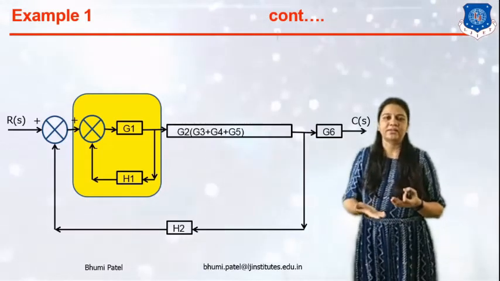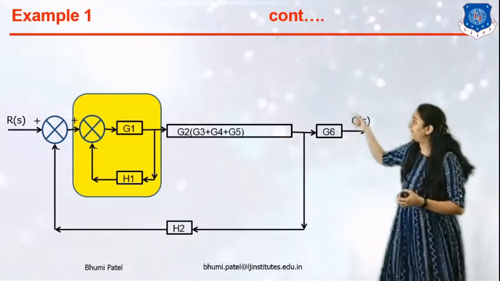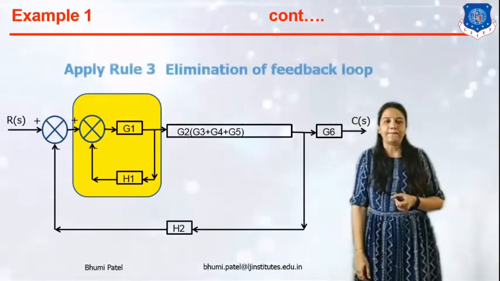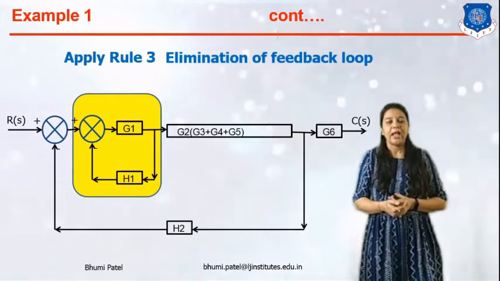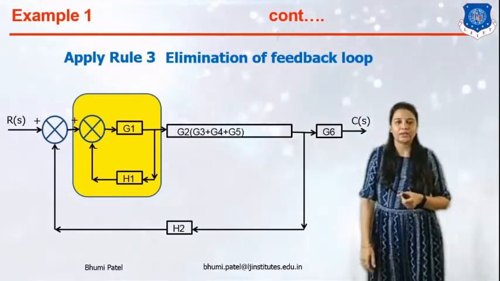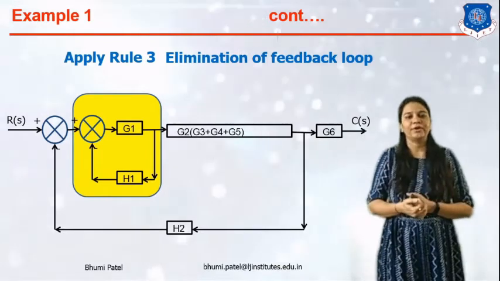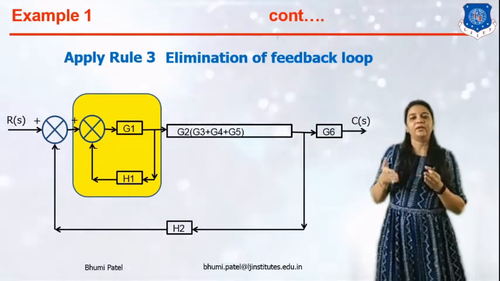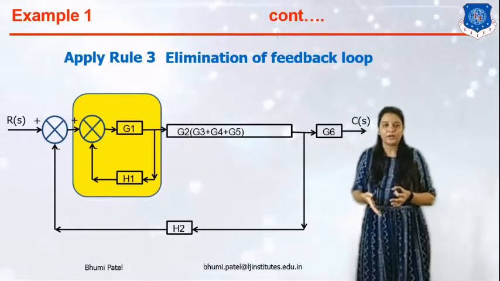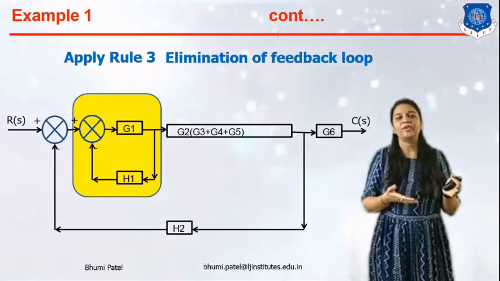Now, as we discussed earlier, G1 and H1 is connected in a feedback loop. So we can apply rule number 3, elimination of the feedback loop. Now, what is rule number 3? The output of rule number 3 is we can put the forward part G1 upon 1. We can see the sign of the feedback loop.